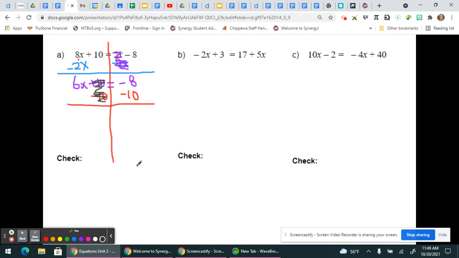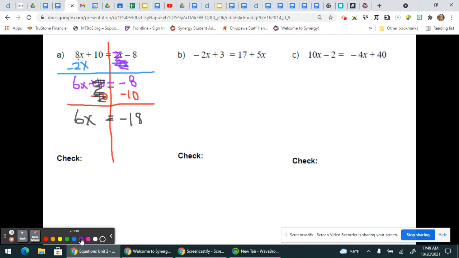So now I'm going to go ahead and drop my 6x because I've got my 6 times x, which is equal to negative 8 minus 10. So negative 8 minus 10 gives me negative 18. So to get this all alone, 6 times x, I'm going to get rid of this by doing the opposite of multiplying by 6.